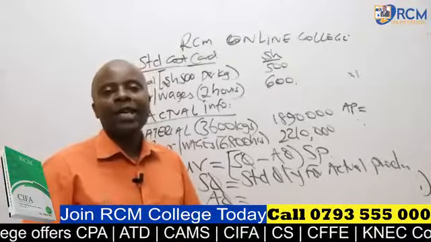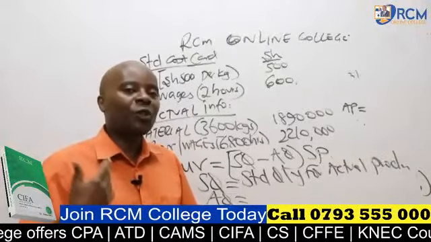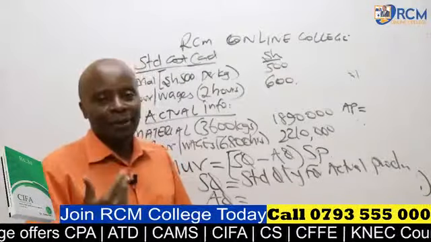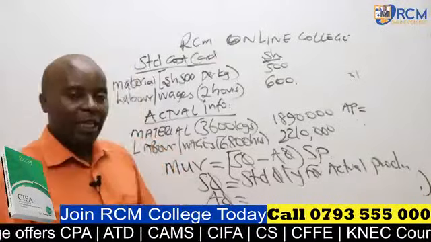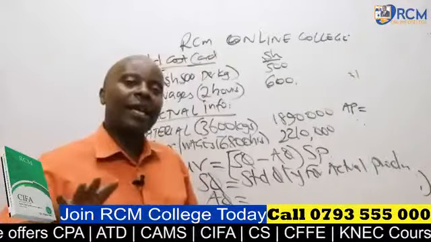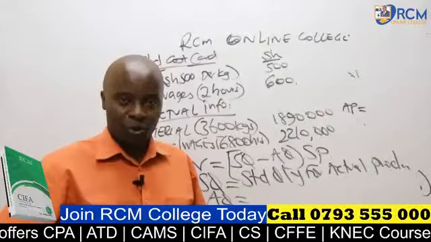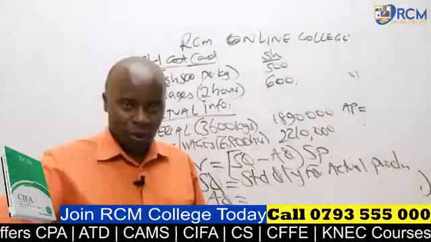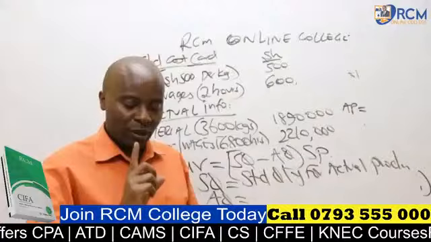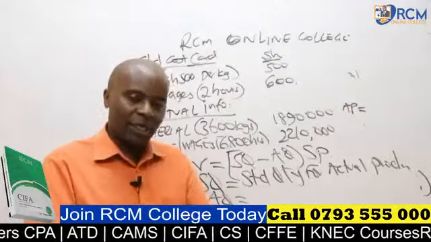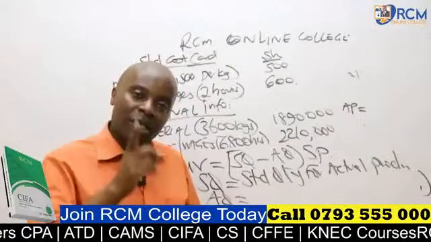So remember, variances is a straightforward topic. Once I get a paper, it doesn't matter whether it's a management accounting paper or an AMA paper, I'll straight away look through all the questions, and I will pinpoint the variances. And once I see it, that is the question that I will start with.